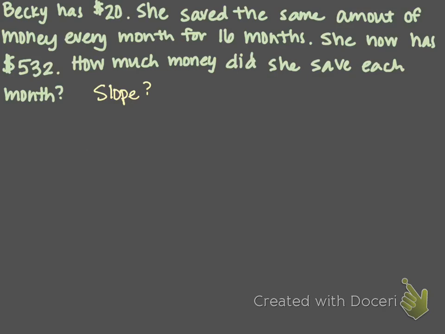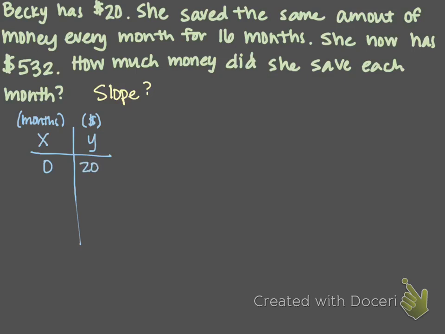Alright. We can set up a table even for this. So we have an XY table. X is going to represent the months. Y is going to represent the amount of money that Becky has. So in month 0, this is going to be her starting month.